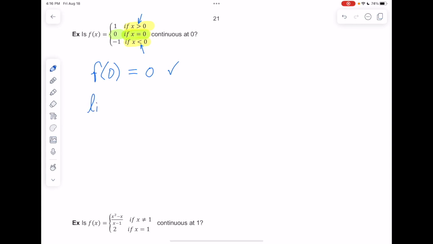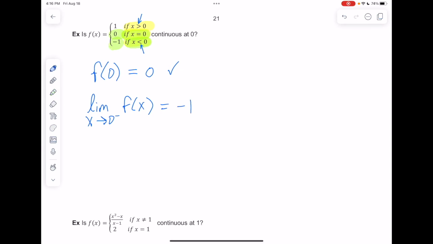So let's look at the limit as x approaches 0 from the left of f of x and see if that exists and what its value is. So if we're approaching 0 from the left, that means we're approaching with values that are less than 0, which means we'd be in this branch of the function, and in that branch f of x is -1.